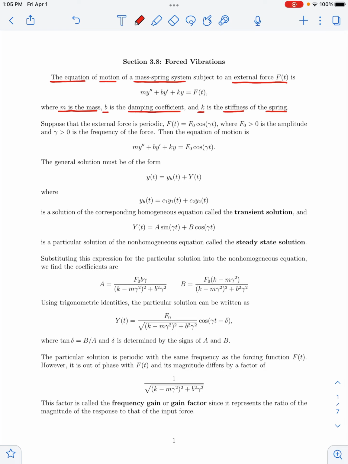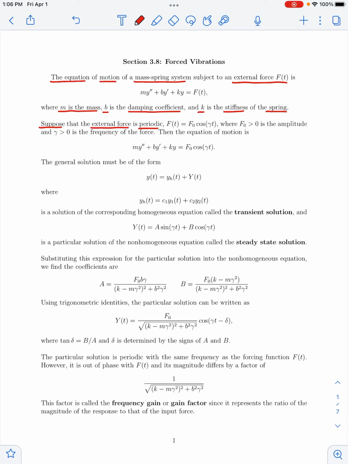So a problem of particular interest is the case where we have a forcing function which is periodic. So let us suppose that the external force is a periodic function.